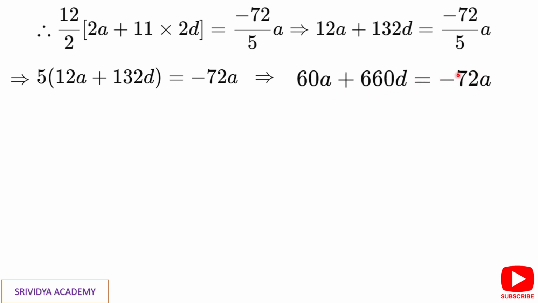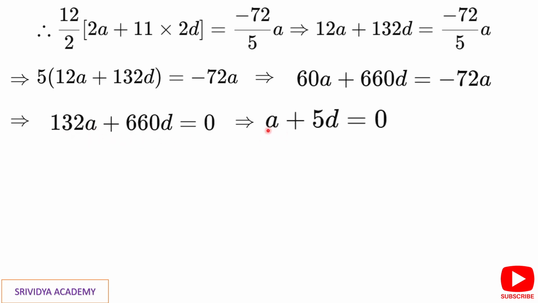Now carry this -72a to the left hand side so that we get 132a plus 660d is equal to 0. Let us divide this by 132 so that we get a plus 5d is equal to 0, which implies a is equal to -5d.